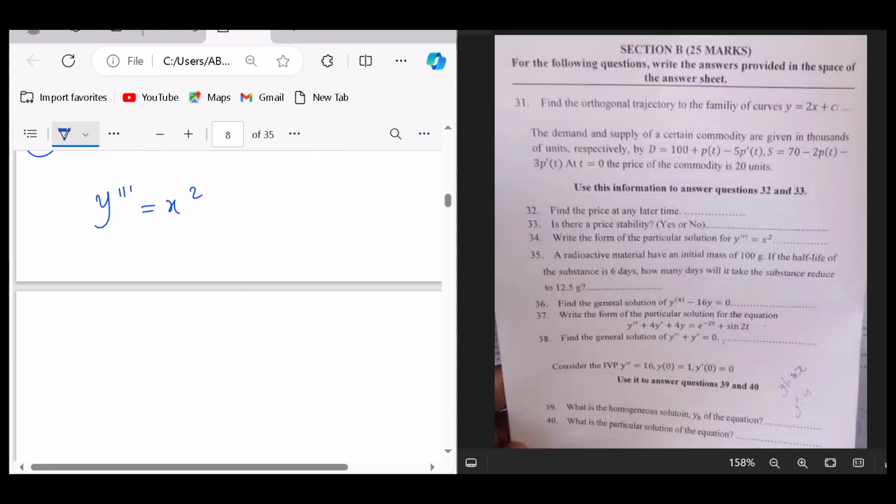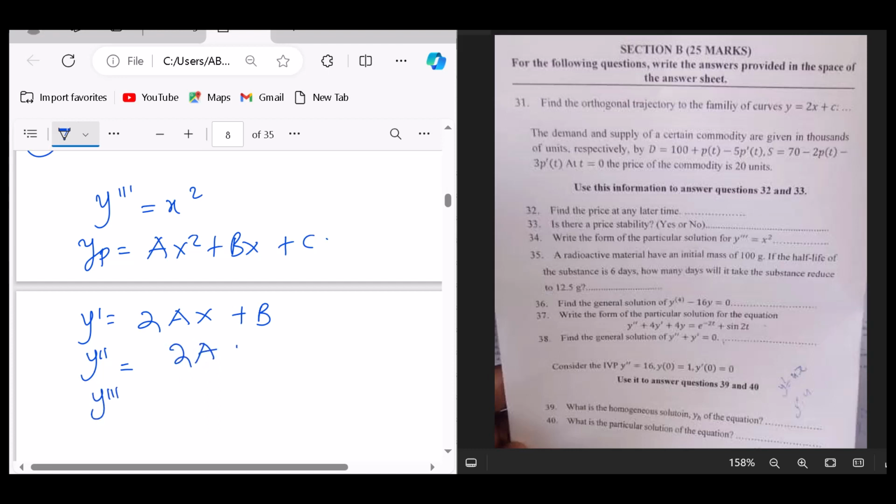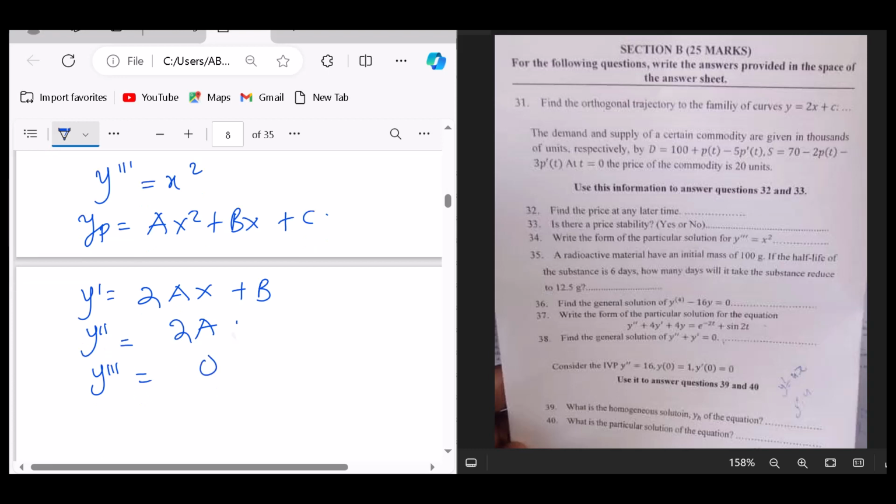So the form will be y_p equals a x squared plus bx plus c, and differentiating this 3 times, y prime is equal to 2ax plus b, y double prime is equal to 2a, and y triple prime is equal to 0.